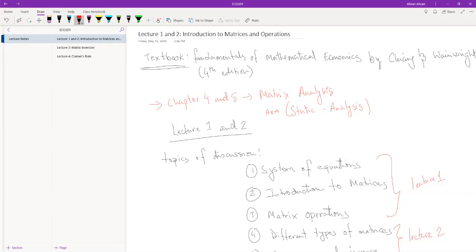The textbook that we always follow for this course is called Fundamentals of Mathematical Economics by Chiang and Wainwright. This isn't just a book that we follow, this is internationally followed. So it is a very good book. I still have my book that I bought all the way back in 2008, and I still find it useful, not just for teaching you guys, but my other endeavors.